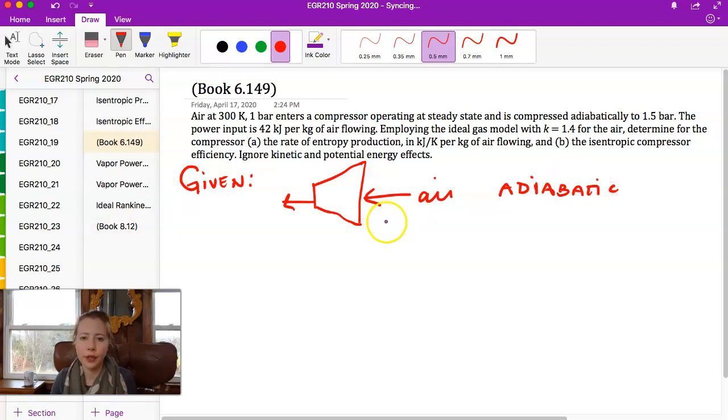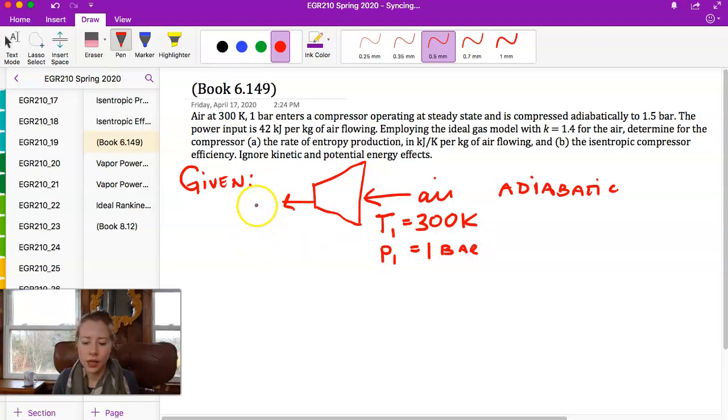T1 is 300 Kelvin, and we know that P1 is 1 bar and P2 is 1.5 bar.